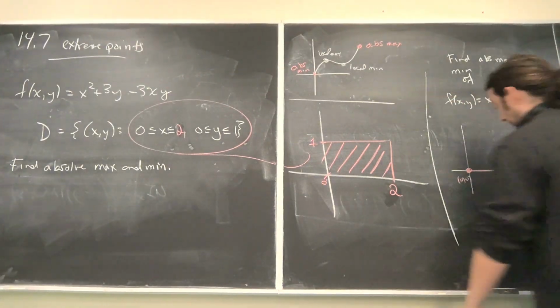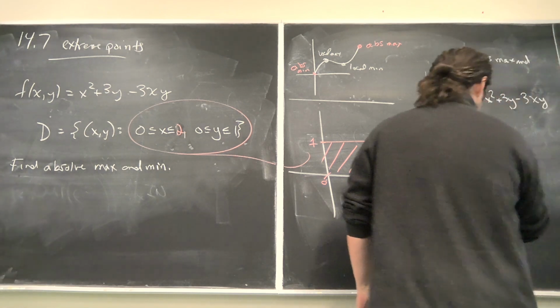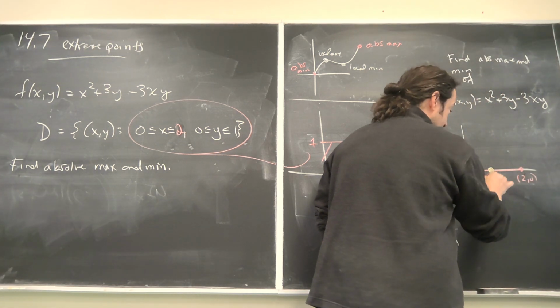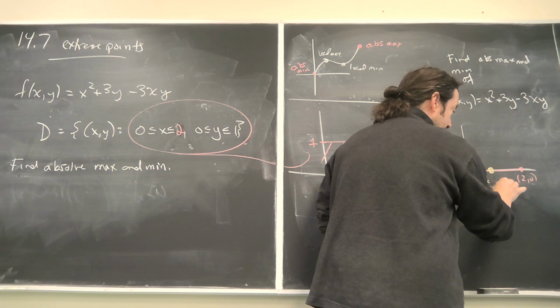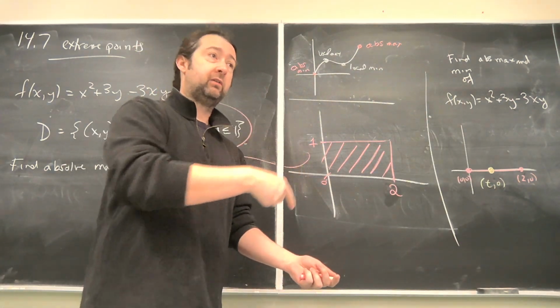I could put 0 into y because every point along this strip has a y value equal to 0. I might think about the points on this line segment as having the form t comma 0. So this is called parametrizing the curve. We did this back in calculus 3.